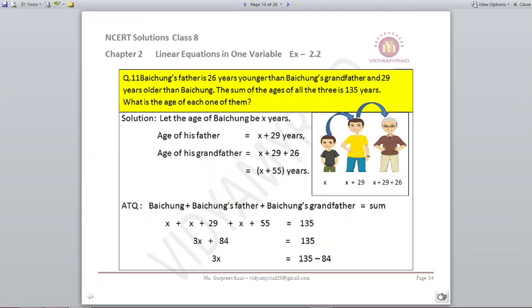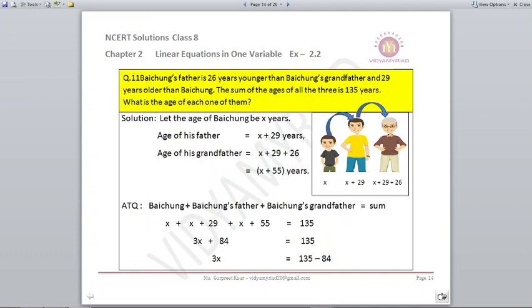Between Bachung's father and Bachung's grandfather, there is a gap of 26 years. So if we assume Bachung as x, Bachung's father is x plus 29. So grandfather will be x plus 29 plus 26. So 26 is the gap between the father and grandfather. So we have reached the situation.